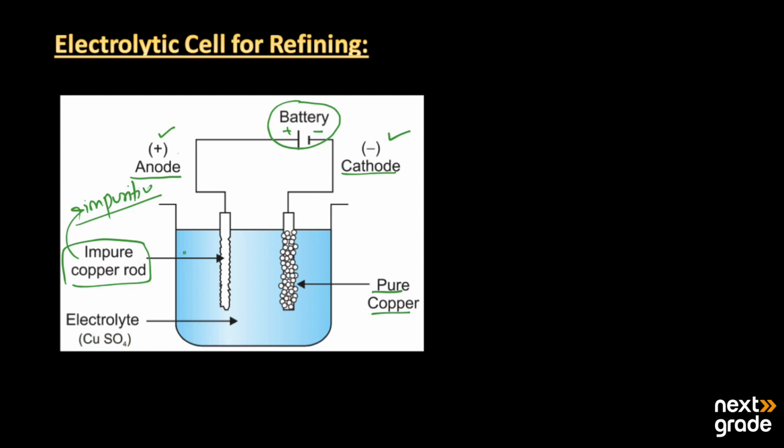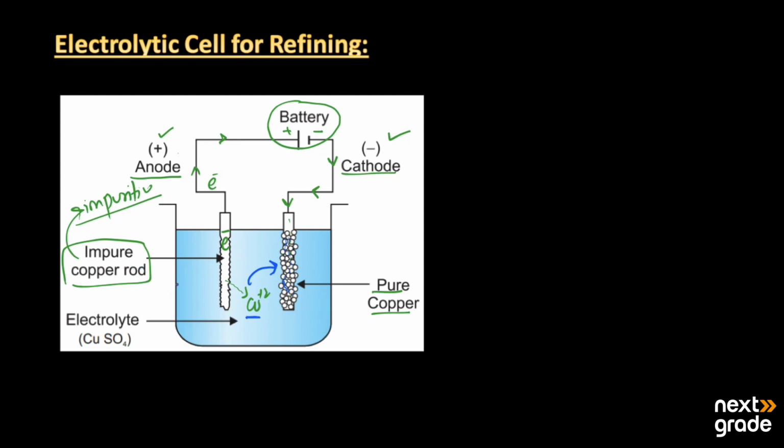Now what just happened: the impure copper will come into the solution as Cu2+ by losing its electrons. Now these electrons will move from the anode towards the cathode. When these electrons move, the copper present in the form of Cu2+ goes towards the cathode, gains the electrons and starts to deposit over the surface of the pure copper metal.